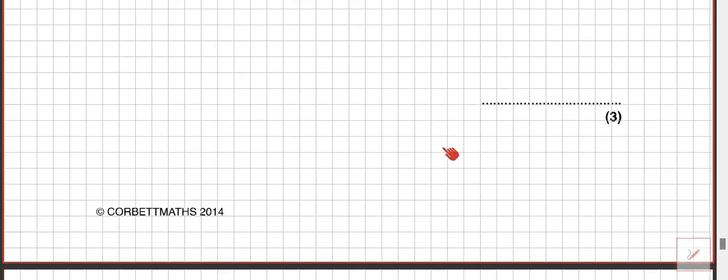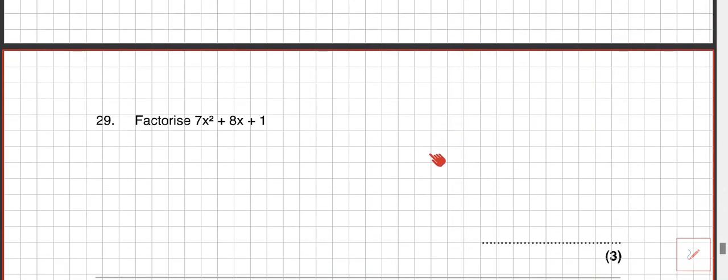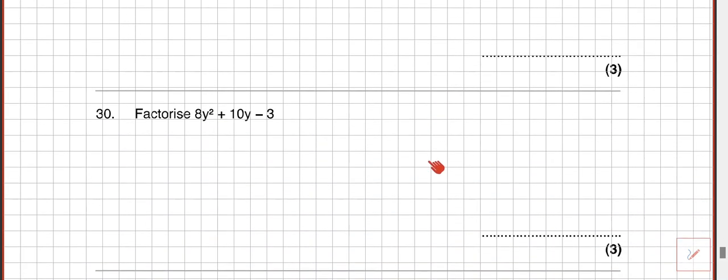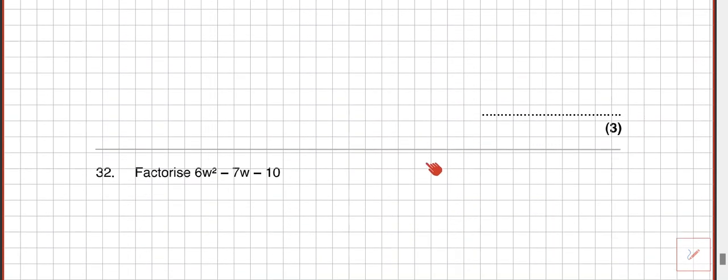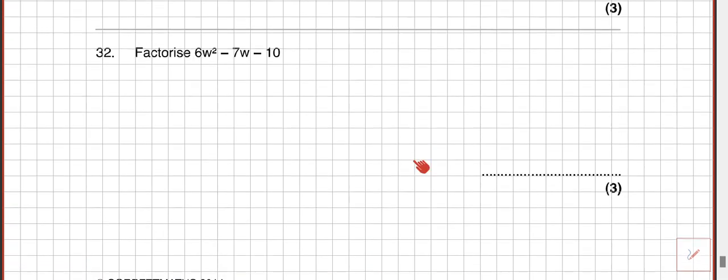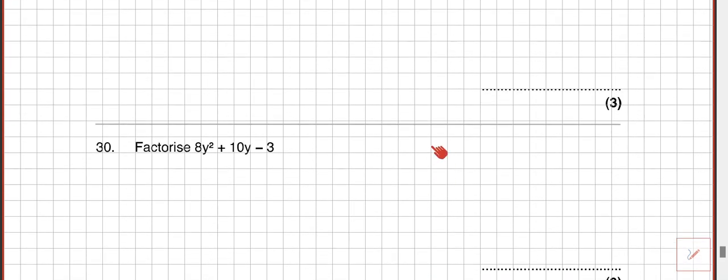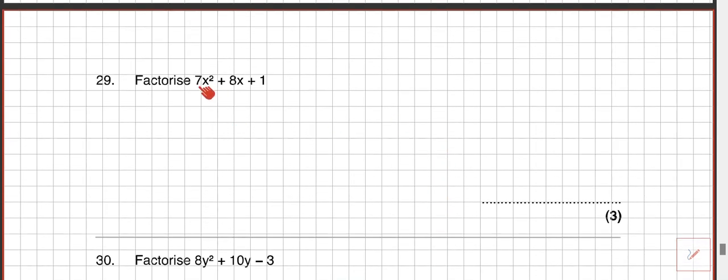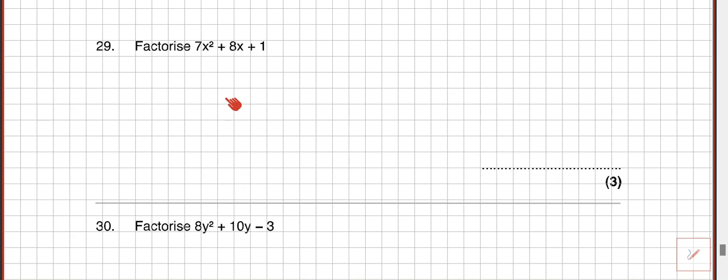But maybe we'll leave that one for now. Seven x squared, 8y squared, 24, 6, they ended on some pretty tough ones. I can get you though to do the 7, because there's only one way of making 7x squared. Have a go at the 7x squared plus 8x plus 1. Have a go at it. See what you can do of it.